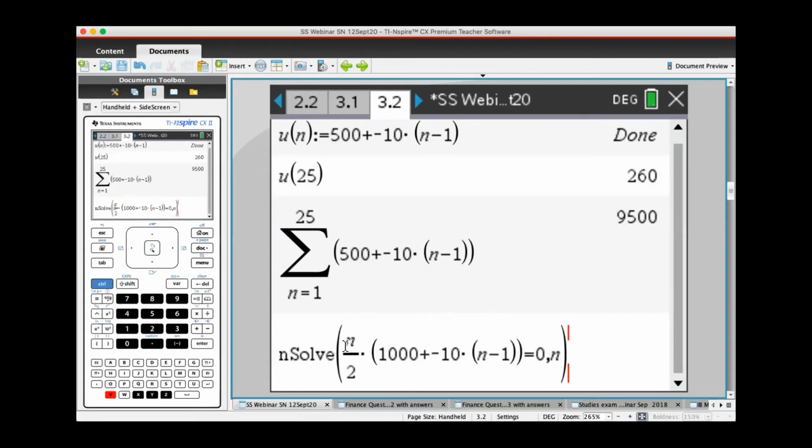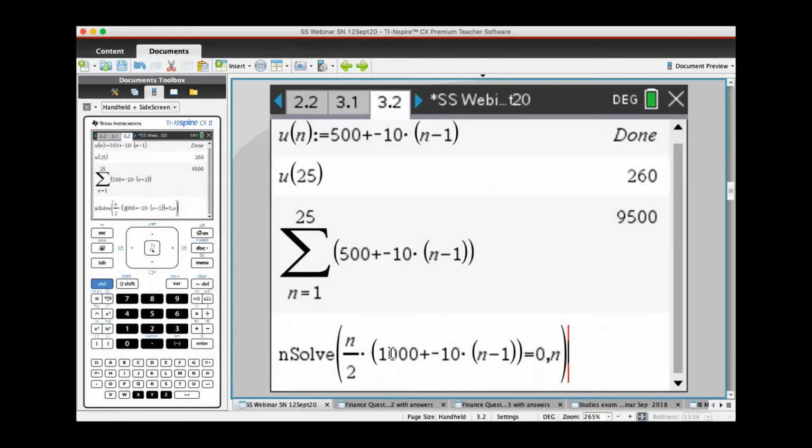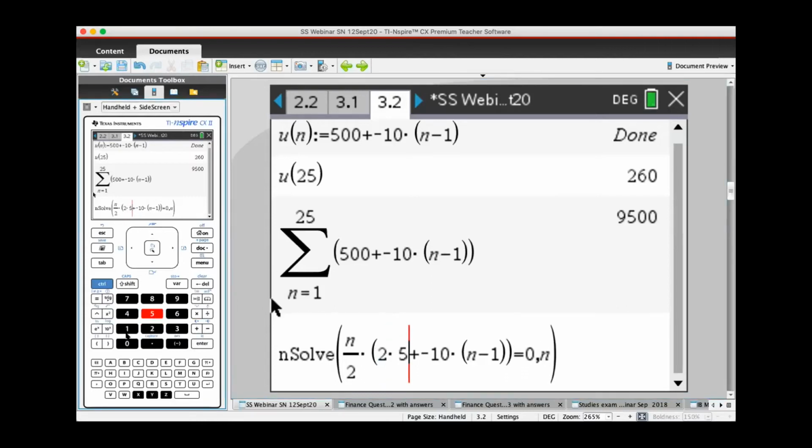All I have done is plugged in numbers. For example, your first term is 500 and the formula is 2u1, which is 2 times 500. It wouldn't have mattered. Minus 10 is the difference. This is the formula which is given in your formula booklet, right?